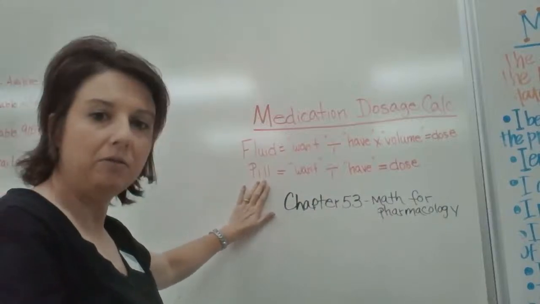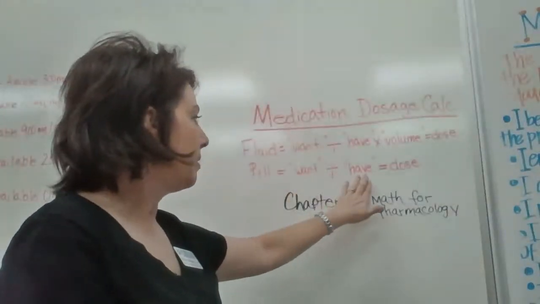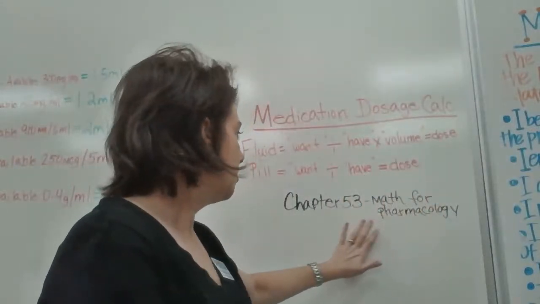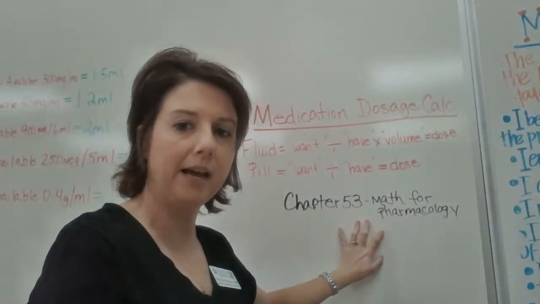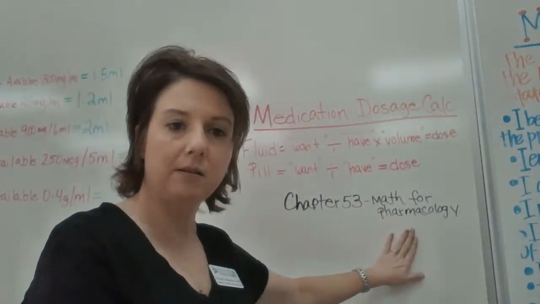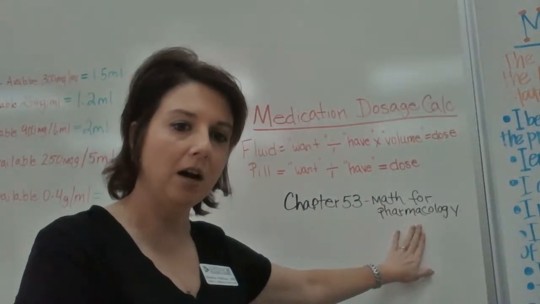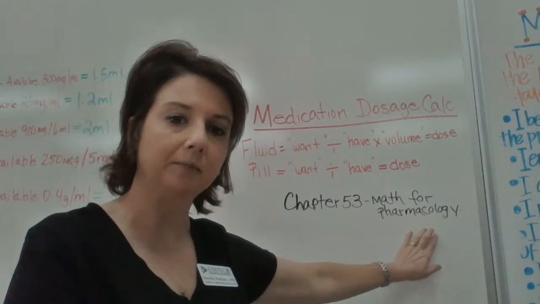If you're given a pill form, it's what you want divided by what you have, and that equals your dose. Chapter 53 of your textbook is the math for pharmacology if you need to refer to it or forget something.